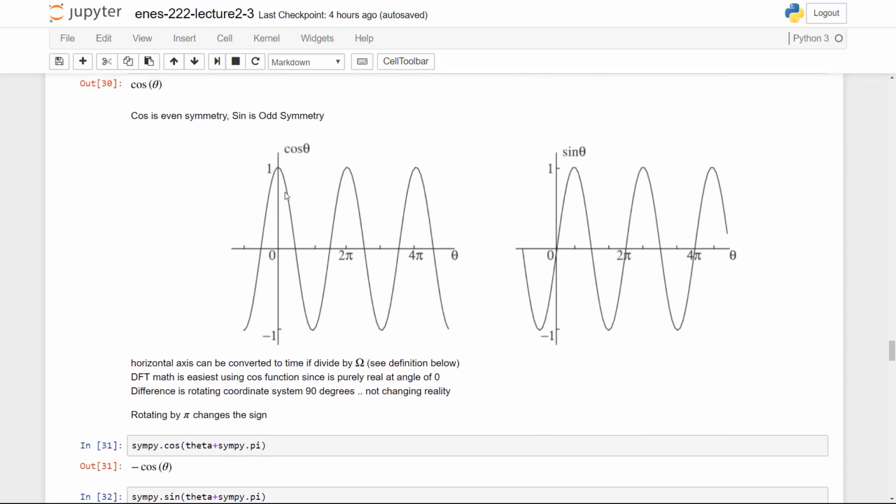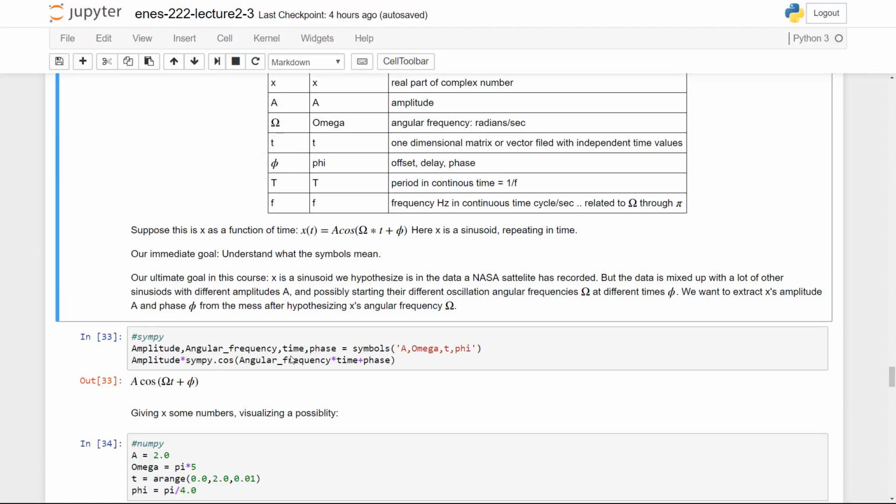So it moves our peak this direction if we're shifting earlier in time, phase shift earlier in time, and phi is positive if we're shifting later in time. So phi is negative if we're shifting earlier, positive if we're shifting later, which seems obvious, but it doesn't sit well in my brain. I have to chant that to myself.